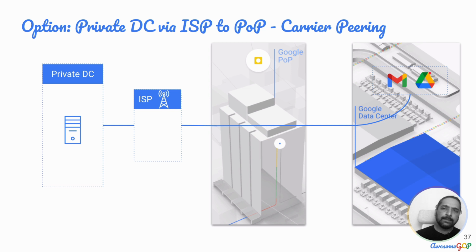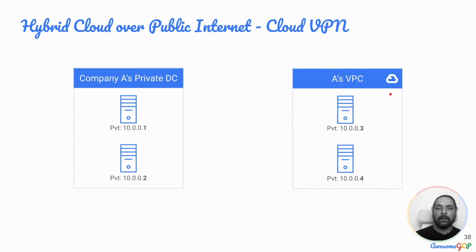Like the previous one, it is a peering service that connects first to the POP, and instead of going directly, you're going via a carrier, via an ISP that is available. The ISP or the carrier in the telecom world is called a carrier network. So it goes via the ISP and reaches the public services that are hosted by Google Cloud.